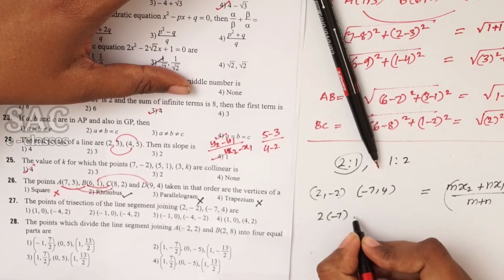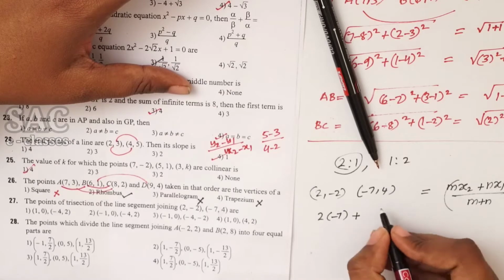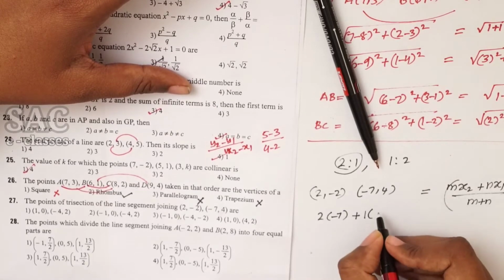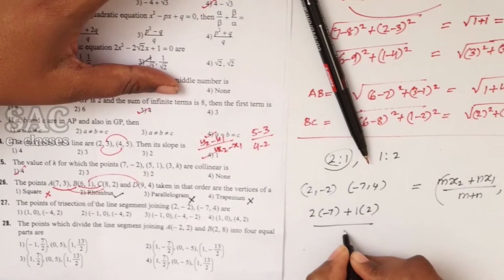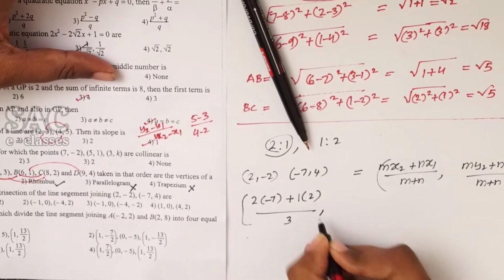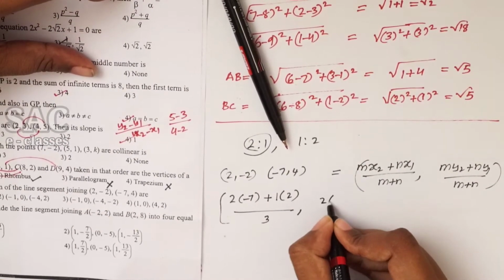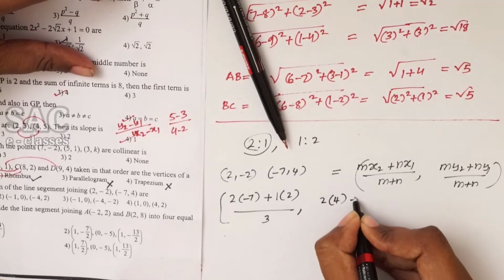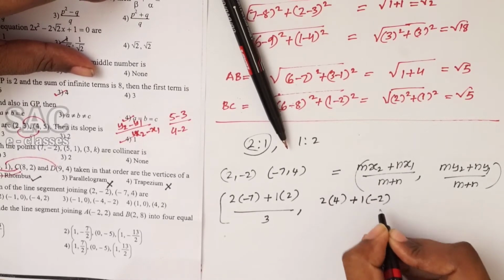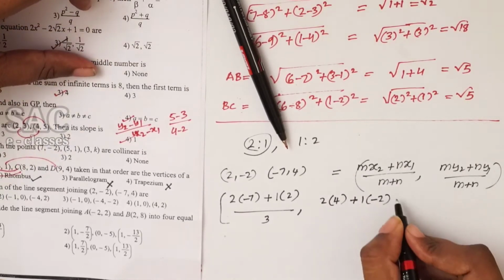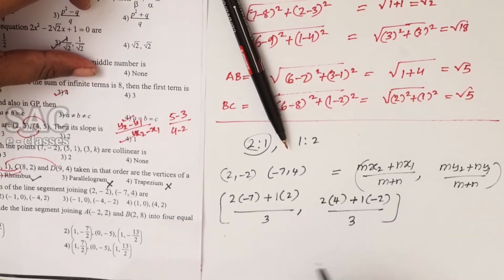2 into -7 plus 1 into 2, by 3, comma 2 into 4 plus 1 into -2, by 3.